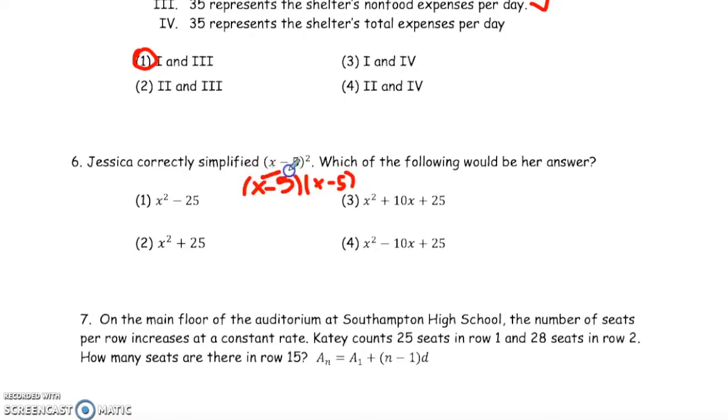So now double distribute, that's x squared minus 5x, and then minus 5x again. So I think you kind of see where the answer is going to be. It's not going to be a binomial plus 25. So our answer is going to be number 4.